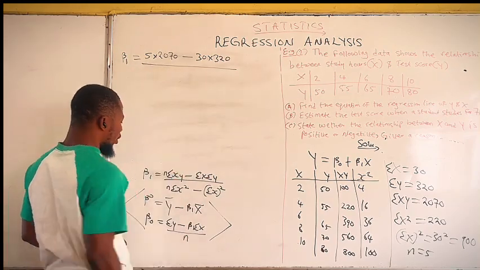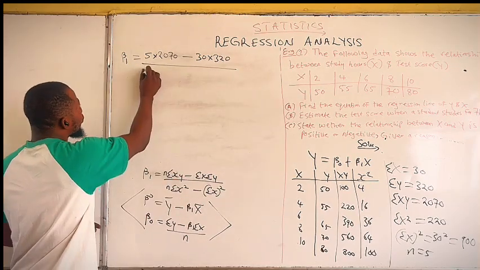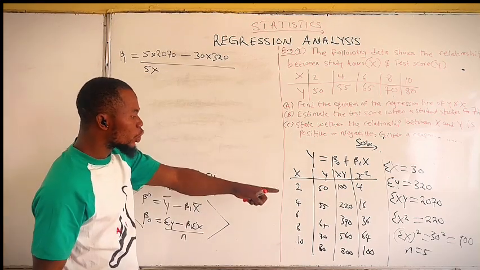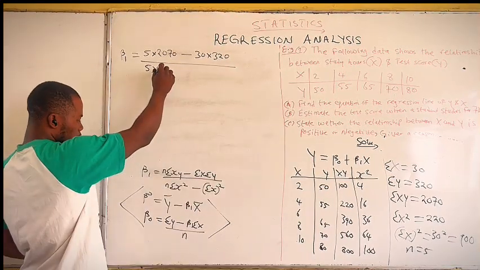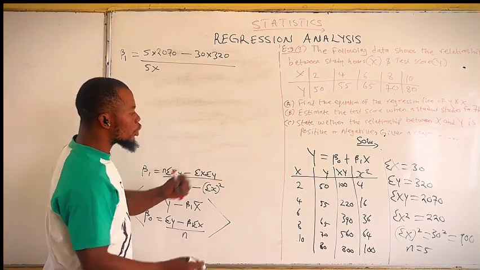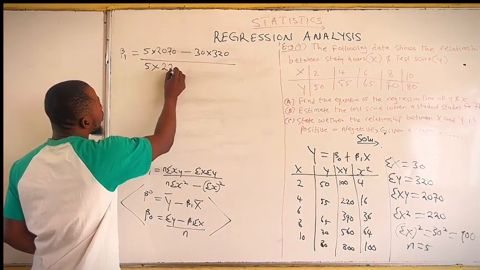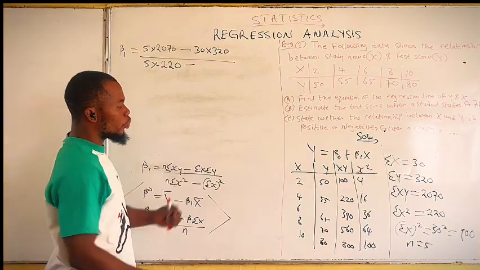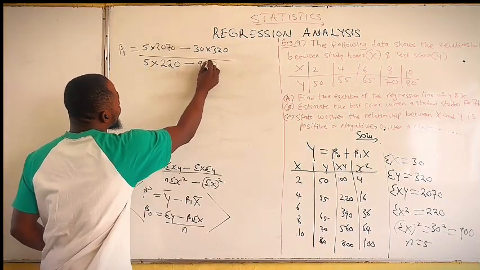Everything divided by our n, which is 5, times summation of x squared, which is 220, minus summation of x all squared, which is 900.